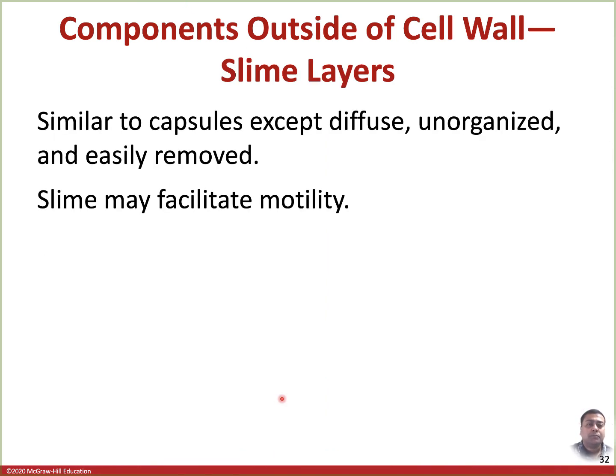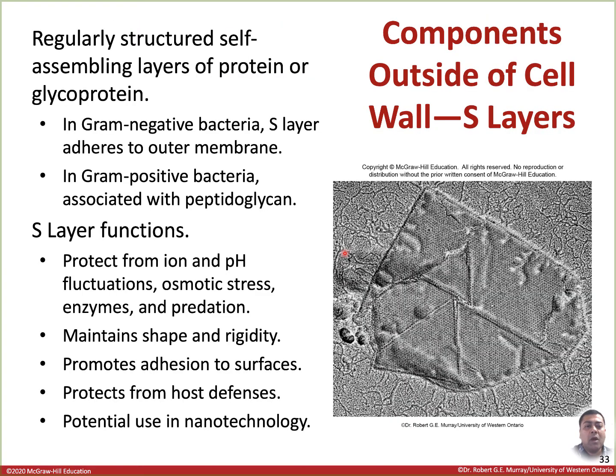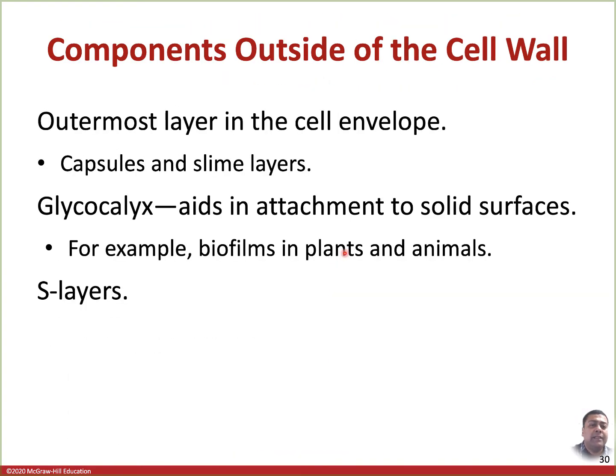Now, similar to the capsule, the slime layer is diffused, unorganized, and easily removed, and sometimes the slime also helps in the motility of the bacteria. On the other hand, if we look at this word right here, what is the glycocalyx?